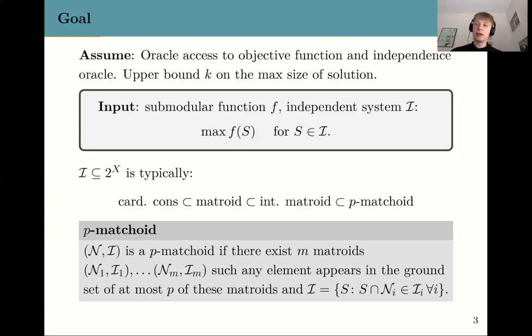For each vertex of my graph, I will be defining a matroid. For each of these small matroids, the ground set will be the edges that are incident to the vertex, and the independent system of each of these small matroids will be the sets of edges of cardinality 1, so just one edge going out of the vertex. And since an edge has only two endpoints, it is actually a two matroid.